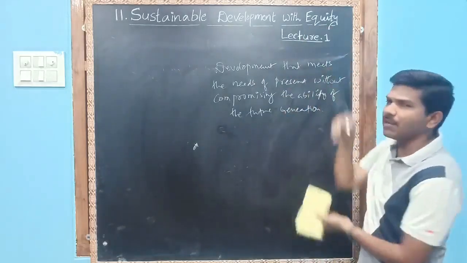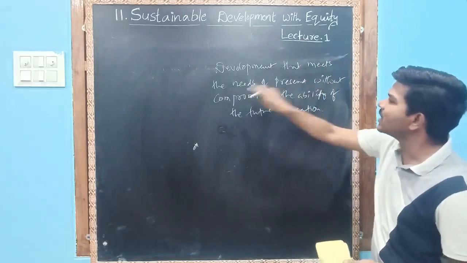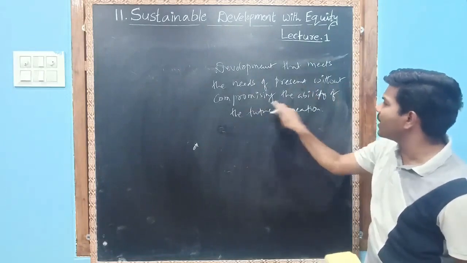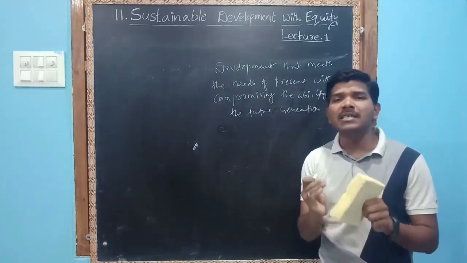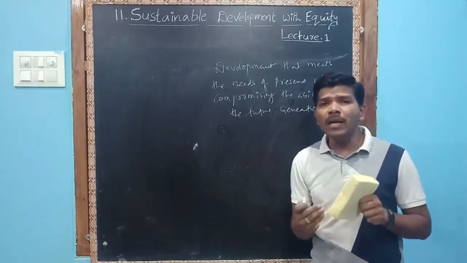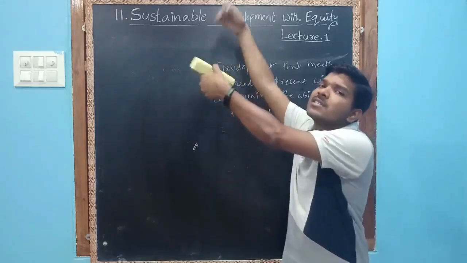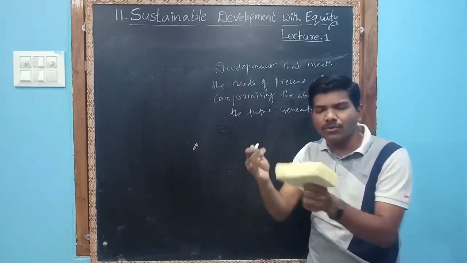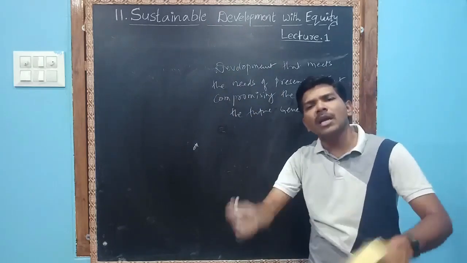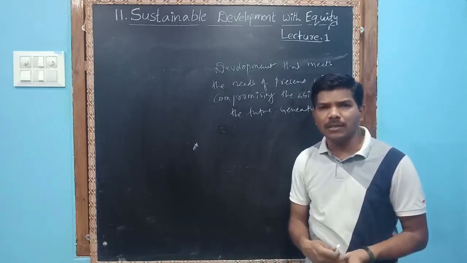It may be asked in the examination: development that meets the needs of the present without compromising the ability of the future generation. So we have to utilize the resources properly, and we have to give to our next generation, our kids, our grandsons. We have to save certain things. If you only utilize all, then what will they utilize?